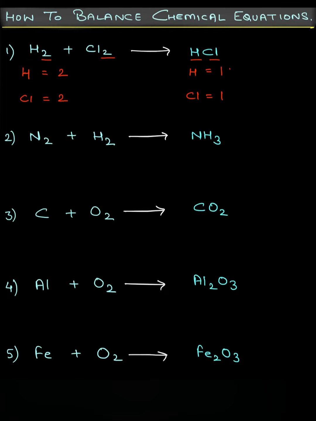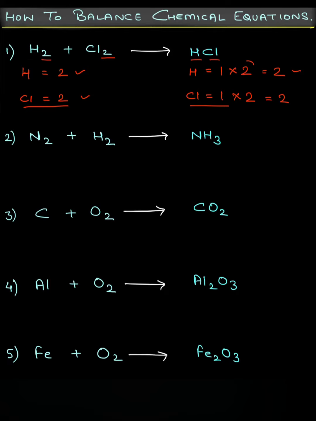We need to multiply on the right side by 2. Similarly, the chlorine atoms on the left side are 2, whereas on the right side it is only 1. So we need to multiply here by 2. Now we get the same number of atoms on both the left and right side.